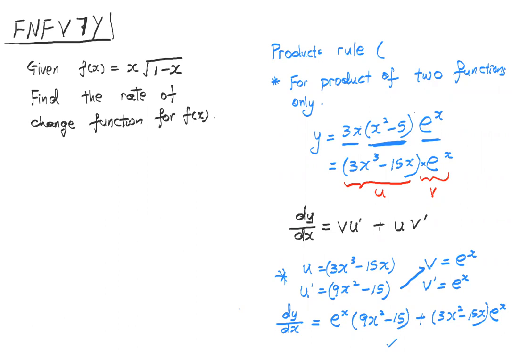You put in your mind, I differentiate the front, I put in the bracket times by the back, plus differentiate the back times by the front. So, done. So you go by the position. So you don't have to memorize u v prime plus v u prime. Are you clear?